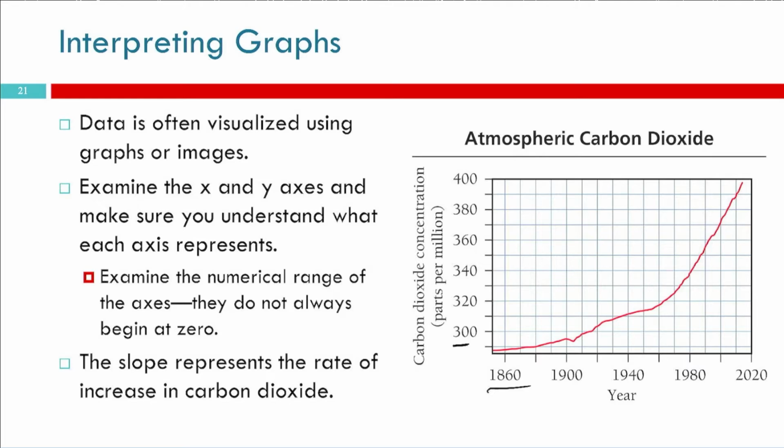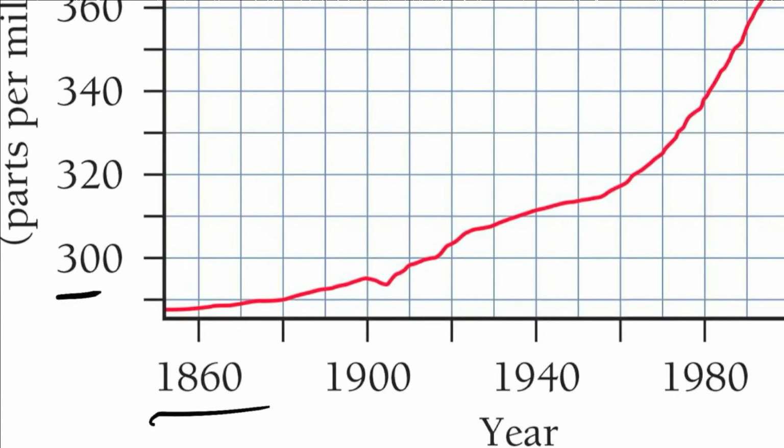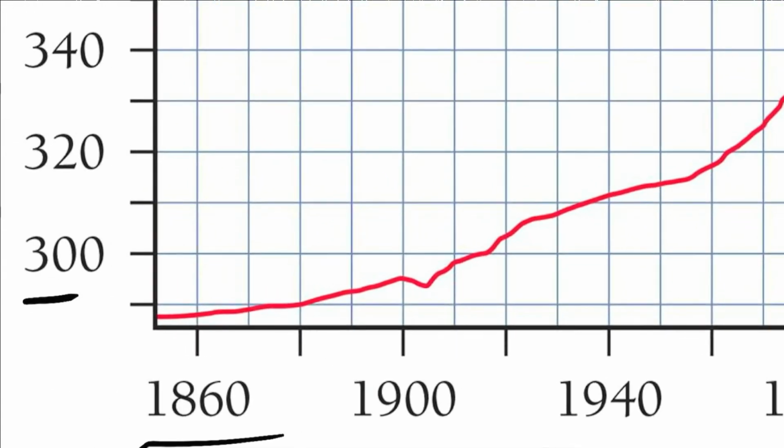So we could say, okay, in the year 1940, what was the atmospheric carbon dioxide level? With the magic of technology, we can zoom. And we can see that this is 300. This is about, not 350, excuse me, this is 310. We're just over 310 right here. So we might call that 311.